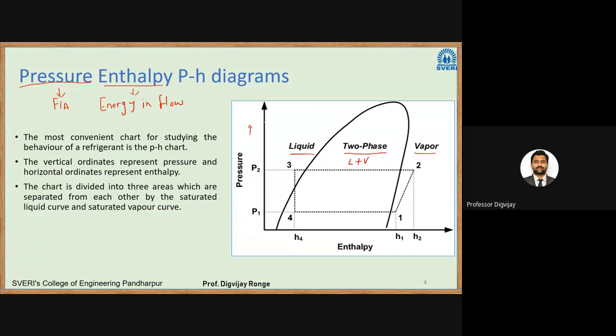If I draw horizontal lines, there will be constant pressure lines. And the horizontal ordinates are enthalpy. So if I draw vertical lines, those will be constant enthalpy lines.